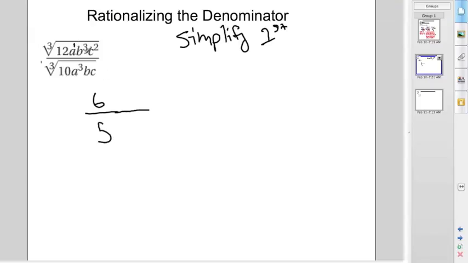I have a to the first minus 3 is a squared. B to the third minus b to the first will give us b squared and c. So this is all raised to the third power. So I simplified first.